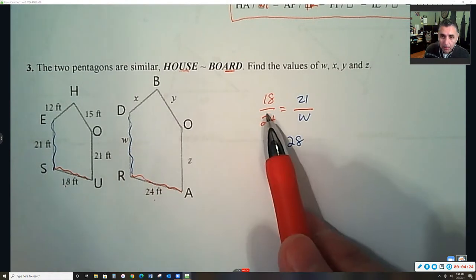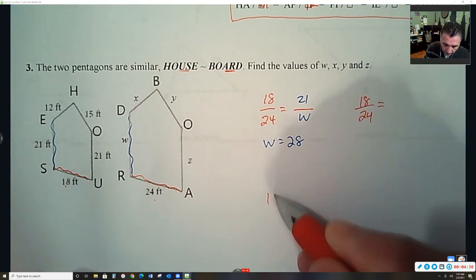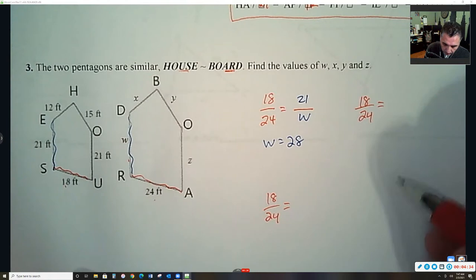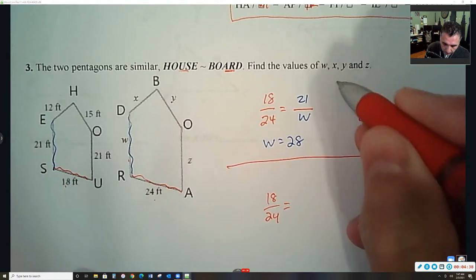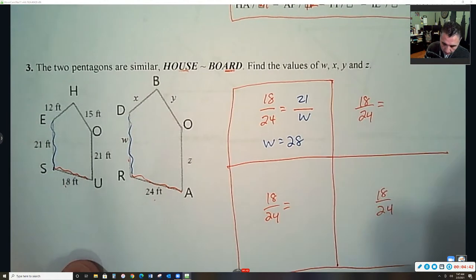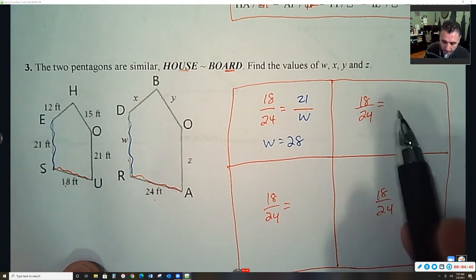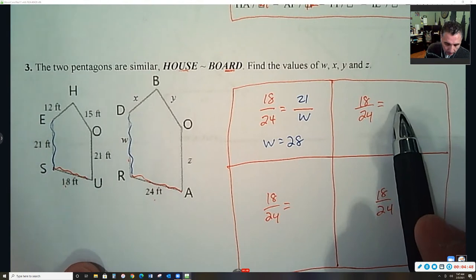Now I can keep using this 18 over 24. What is that? 1, 2, 3, 4. There's 4 of them we need to find. Right. The only thing that's going to change is the second ratio.